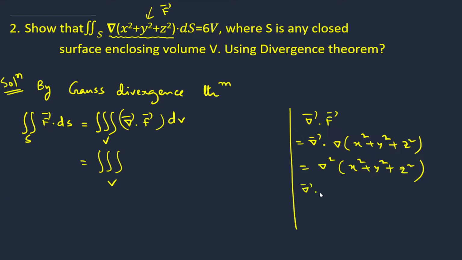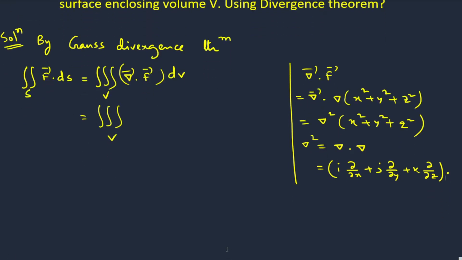Nabla square is nabla dot nabla. So in place of nabla, if you write i del/del x plus j del/del y plus k del/del z, dot, again there is one more nabla. So in place of the first nabla, we write i del x, j del y, k del z.